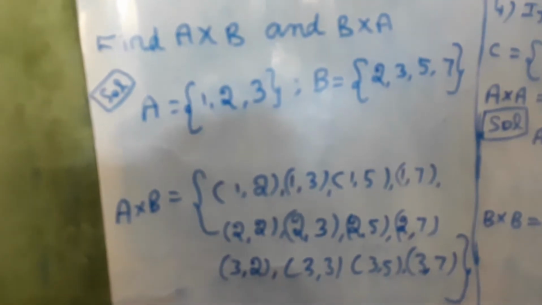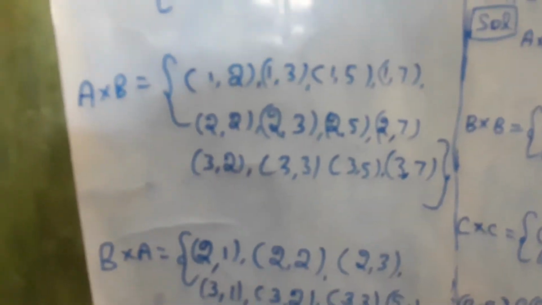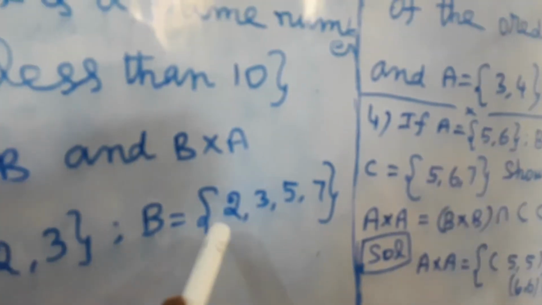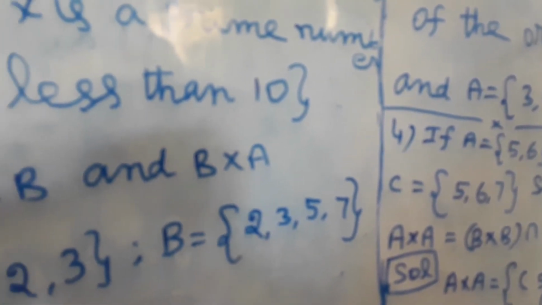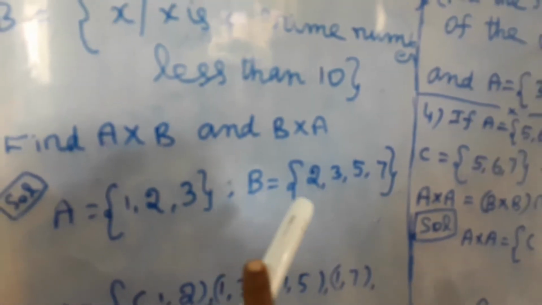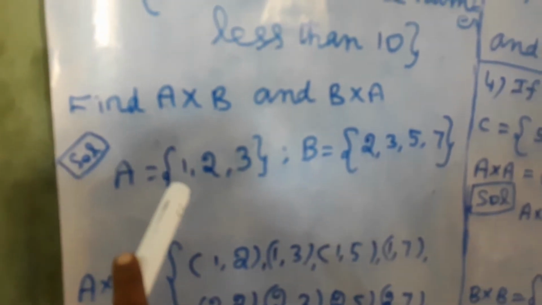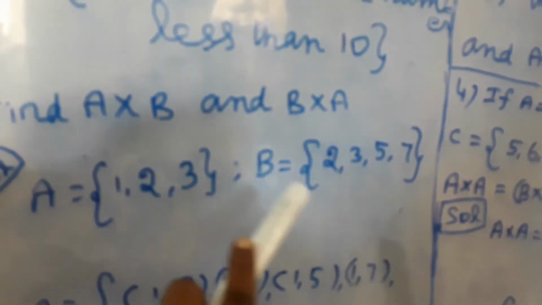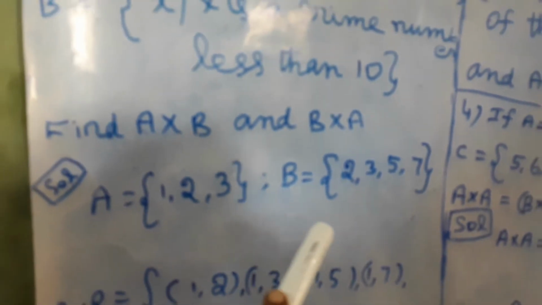Now we compute B cross A. B cross A means first element from B, second element from A. First element from B is 2, with elements from A: (2, 1), (2, 2), (2, 3).